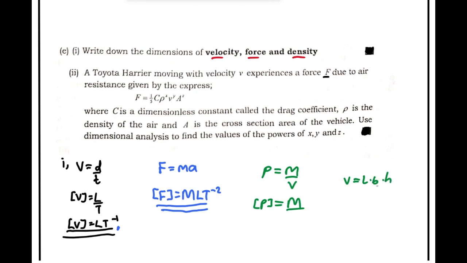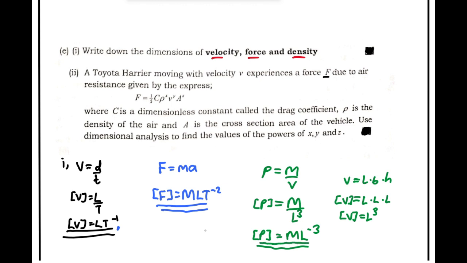Now, length and breadth and height are all length, so they're all represented by L. So that's L by L by L. This becomes L to the power 3. So therefore, the dimensions of volume are L to the power 3. You can write this as ML^-3.